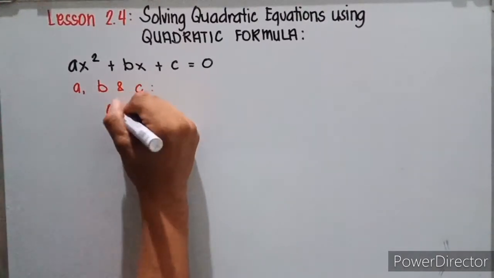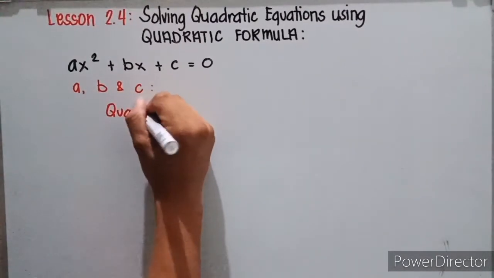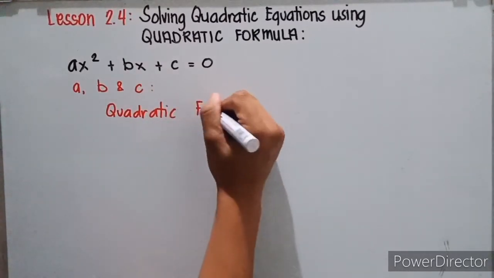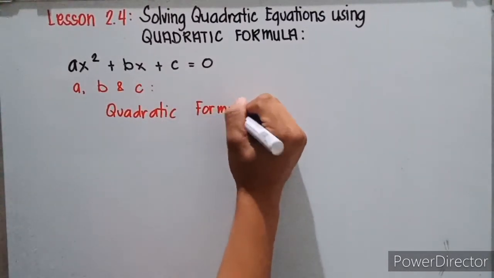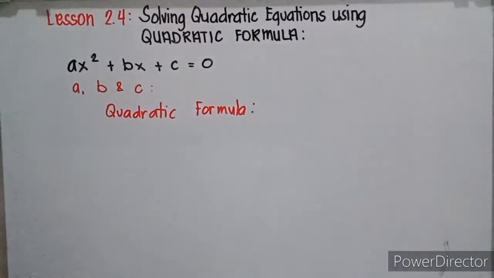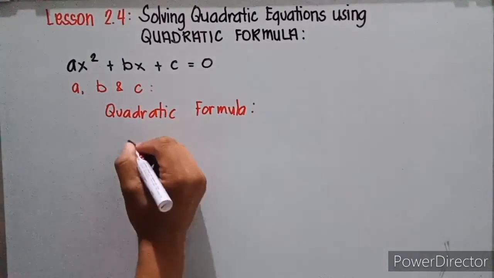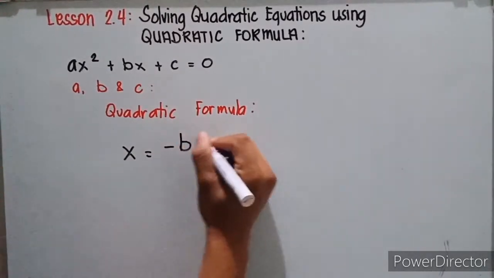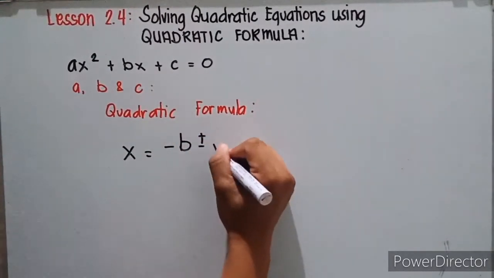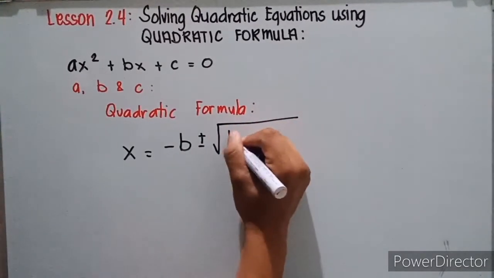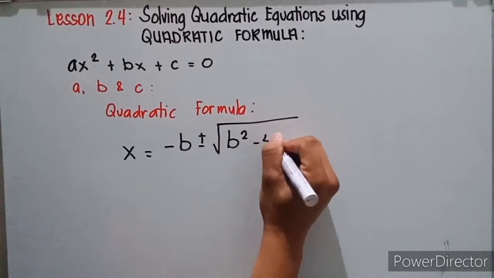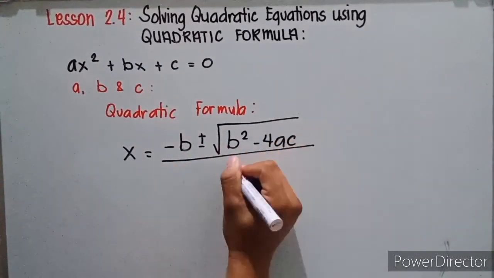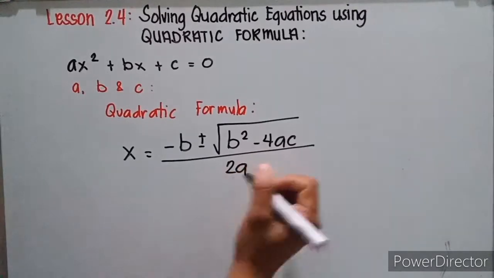So our quadratic formula is x is equal to negative b plus or minus square root of b squared minus 4ac all over 2a.